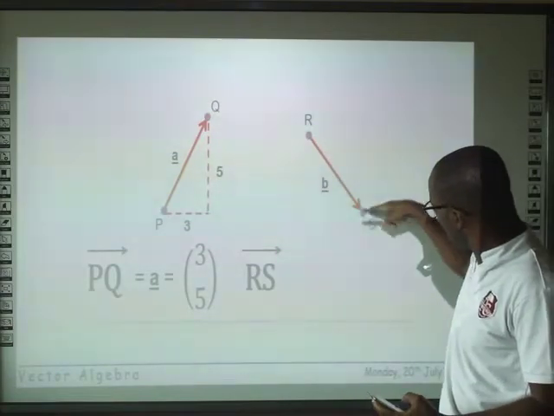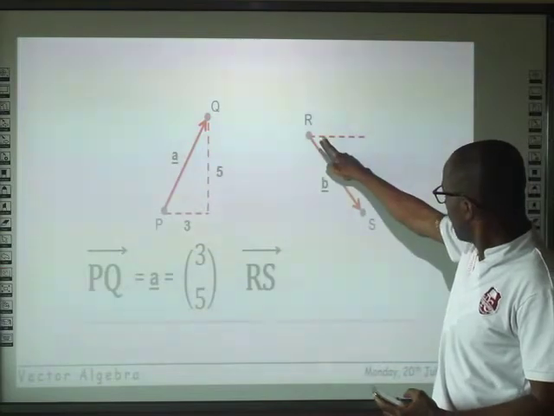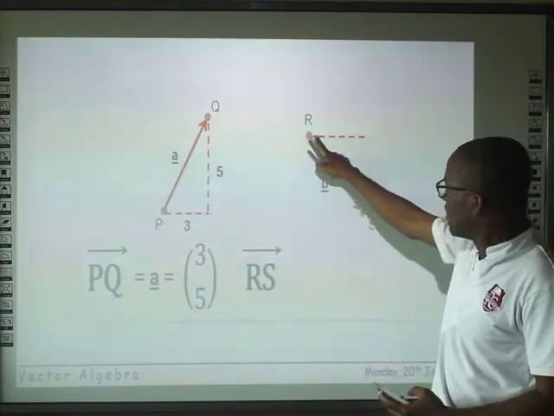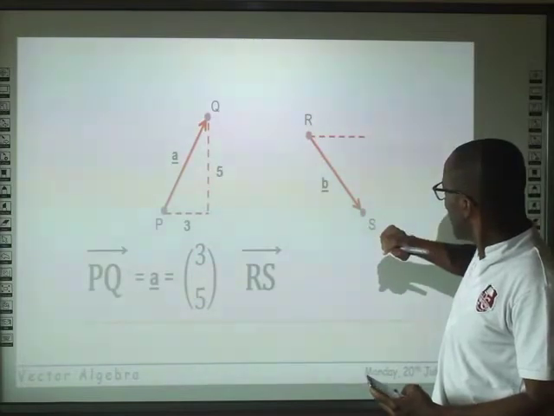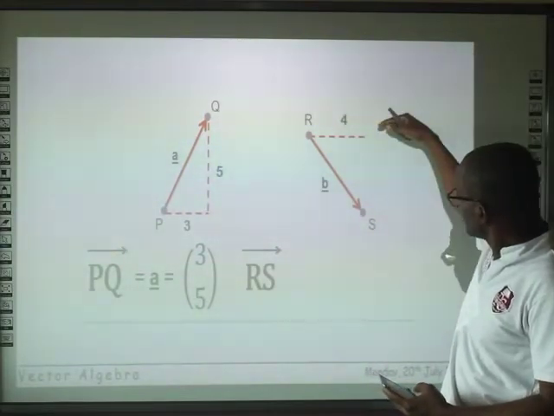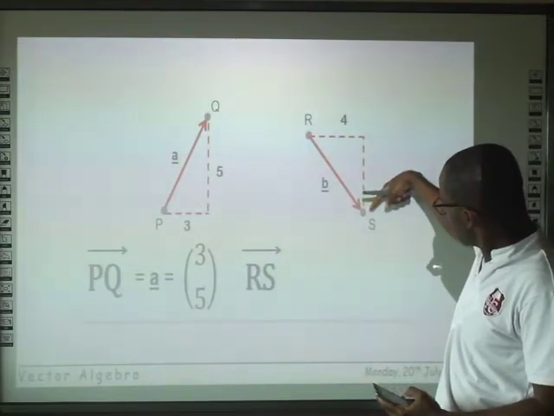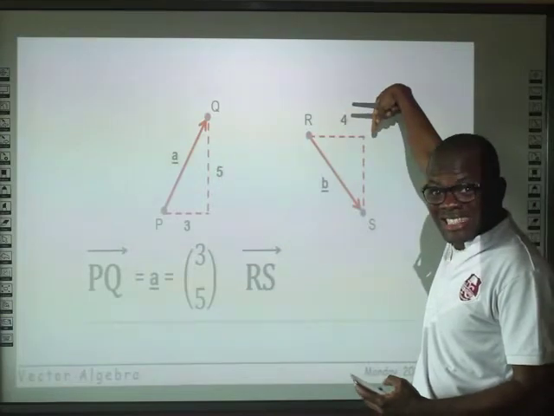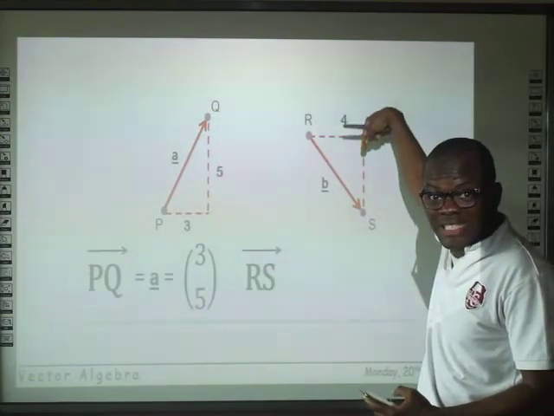You'll have to go first 1, 2, 3, 4 units along the x-axis and 1, 2, 3, 4 units down the y-axis. Now remember, this time we're going down.